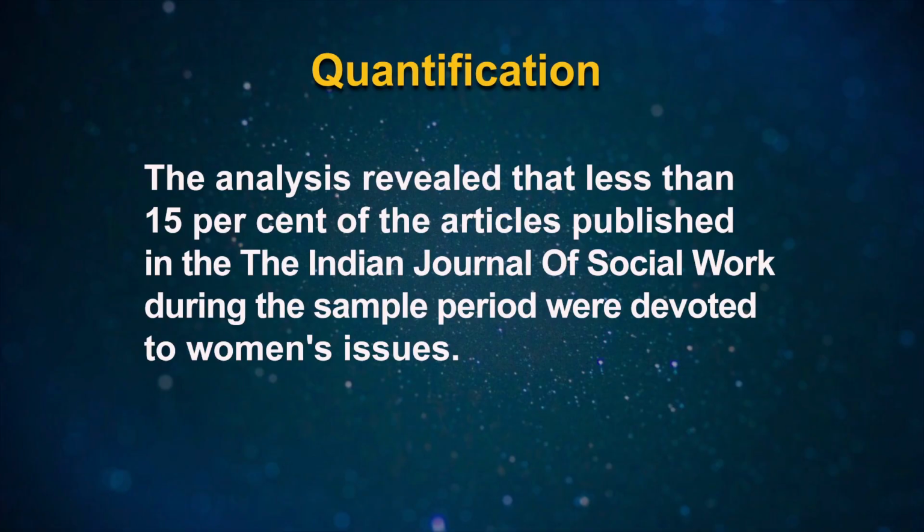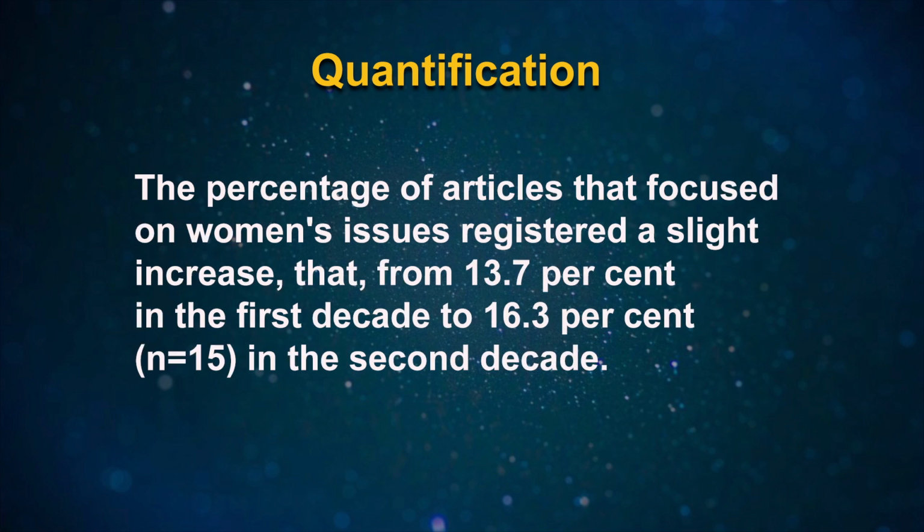The analysis revealed that less than 15% of the articles published in the Indian Journal of Social Work during the sample period were devoted to women's issues. The percentage of articles that focused on women's issues registered a slight increase, that is, from 13.7% in the first decade to 16.3% in the second decade.